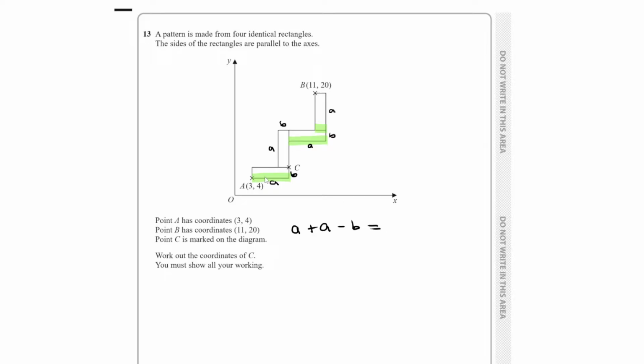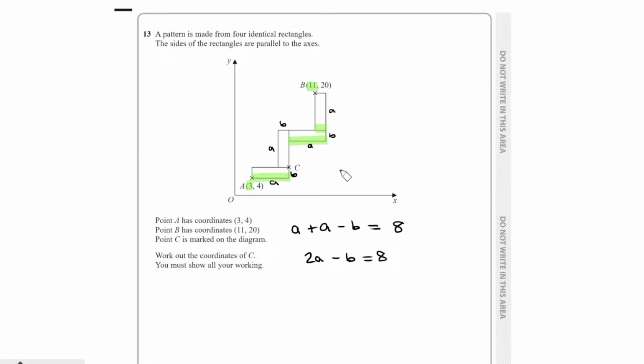And that equals, in terms of the X coordinates, the distance between 3 and 11. So the distance between 3 and 11 is 8, isn't it? So you can write that equals 8. You can write that as 2A minus B is 8. That's one of them. And then I did the same but vertically.